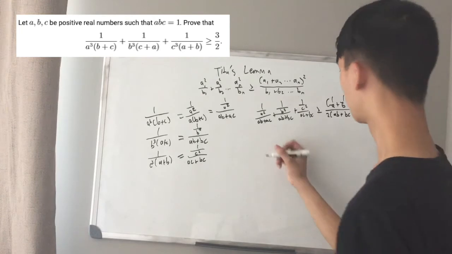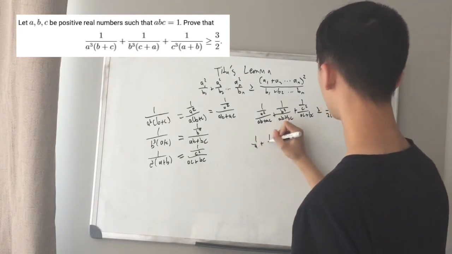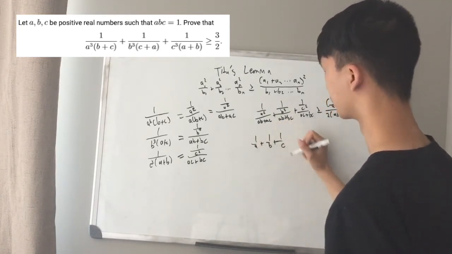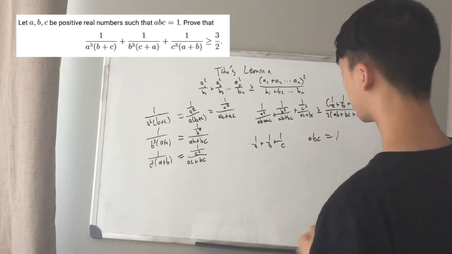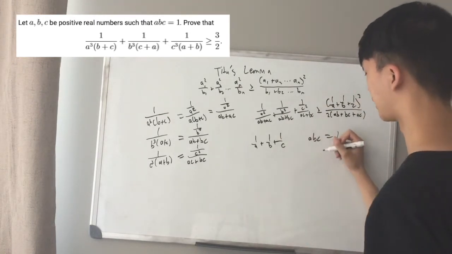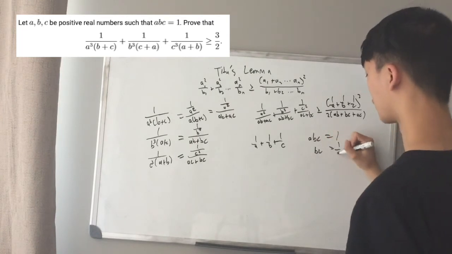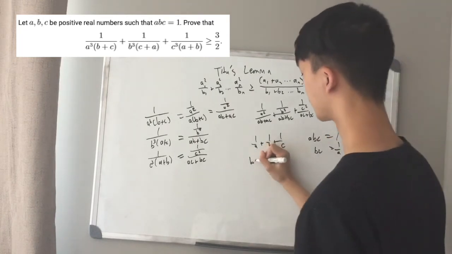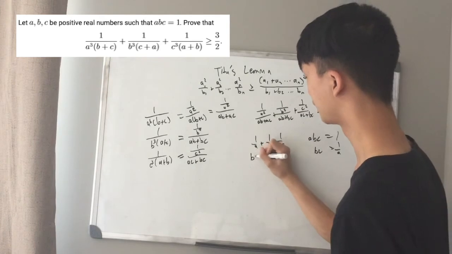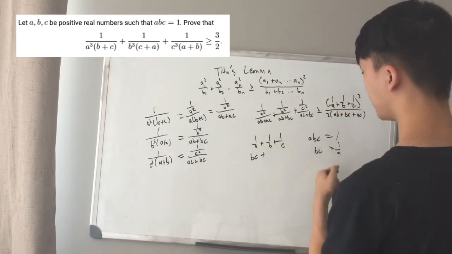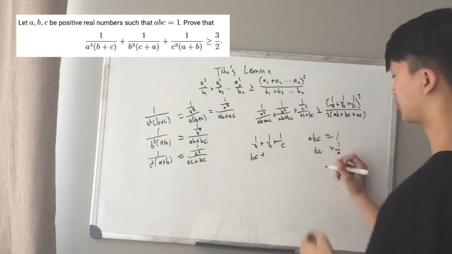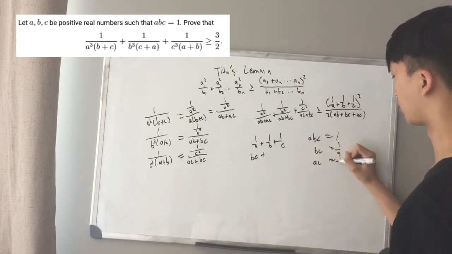So now let's consider 1 over a plus 1 over b plus 1 over c. Now we know that since abc is equal to 1, we can divide both sides by a to get that bc is equal to 1 over a. We apply the same logic to 1 over b: we can divide both sides by b to get that ac is equal to 1 over b.